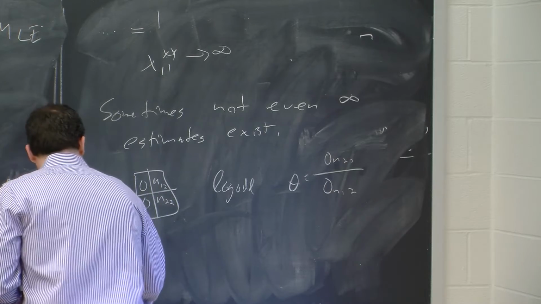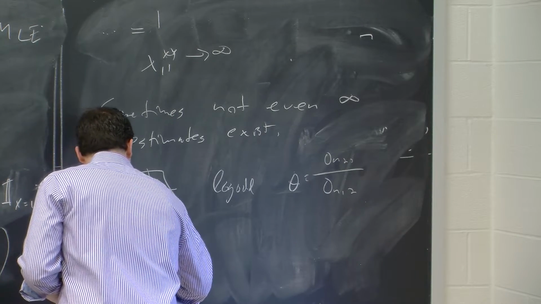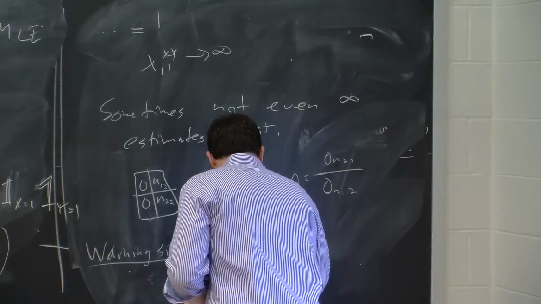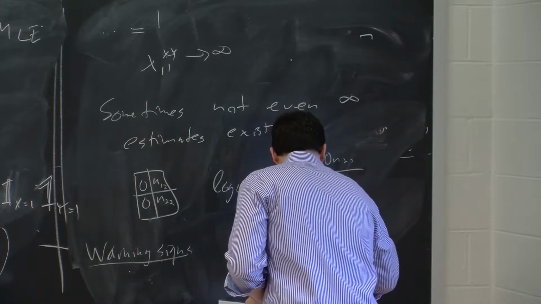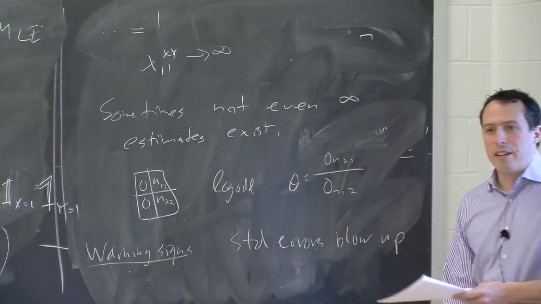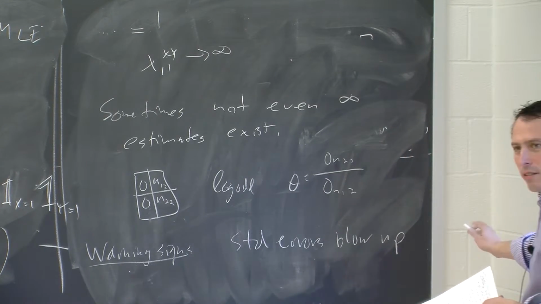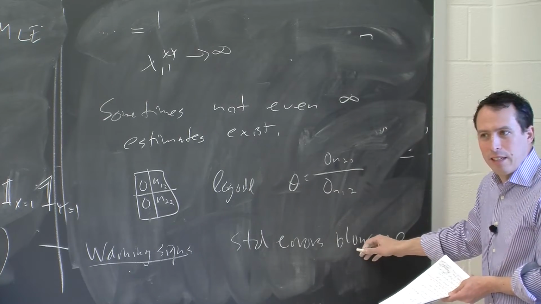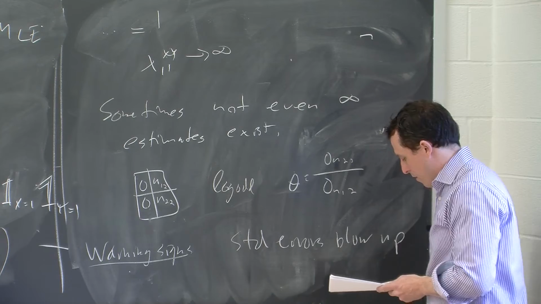What are the warning signs? One big thing is that the standard errors blow up. So you expect a small standard error, and you get a standard error that's like 10,000 or something, some huge number. For something like an odds ratio, that's a sign that there was a failure to converge or that something went wrong.